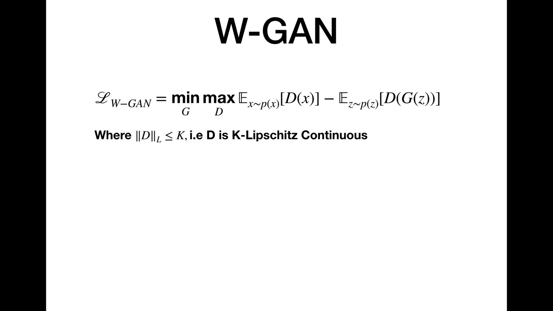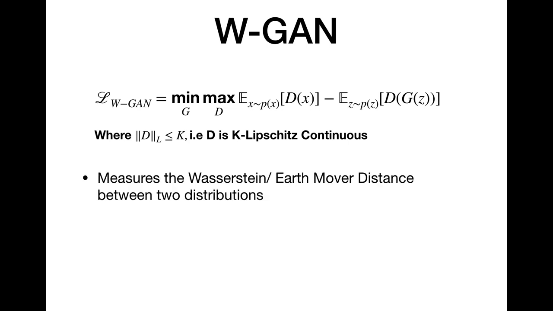The only constraint in this overall setup is that the discriminator must be K-Lipschitz continuous. We'll talk about how we enforce this K-Lipschitz continuity in the discriminator in the further slides. The WGAN loss essentially just measures the Earthmover distance between two distributions.